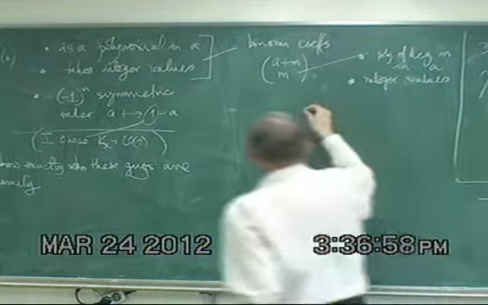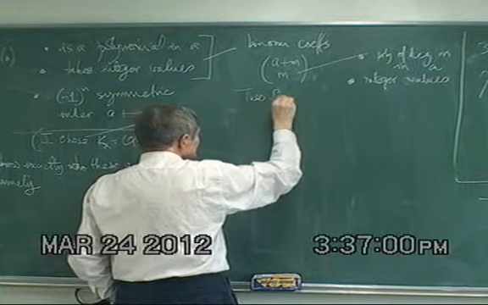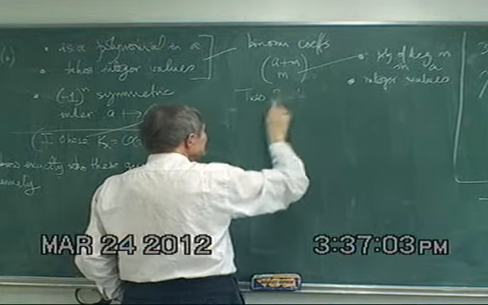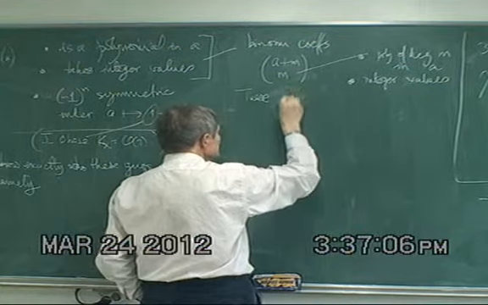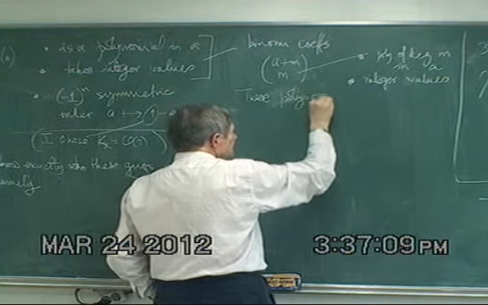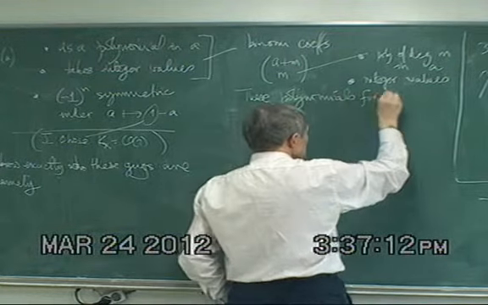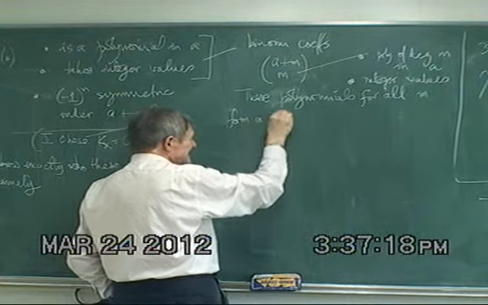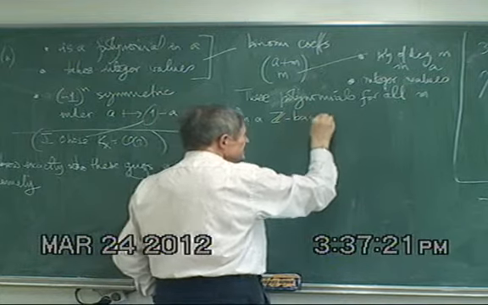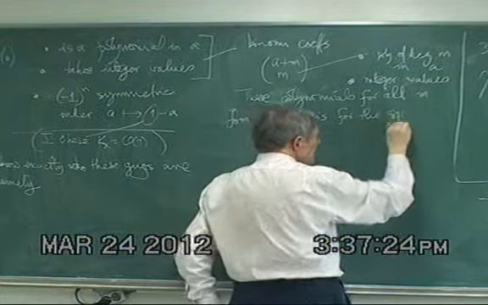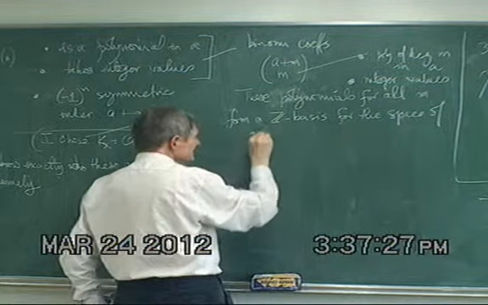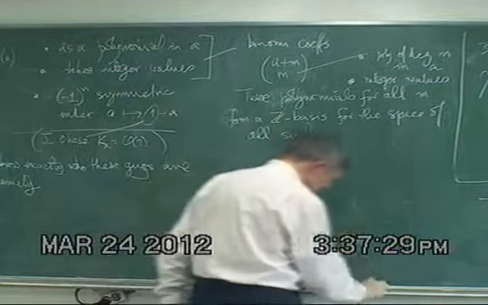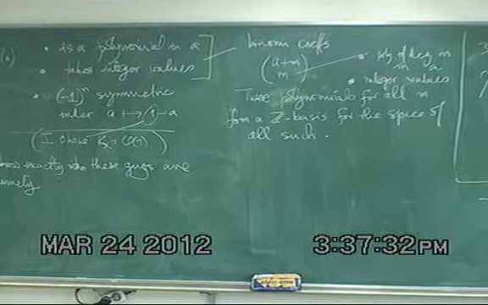And if I take these polynomials, for all m, they form a Z basis for the space of all such. So I'm not completely sure if this is obvious to you, but really you know it since school days.